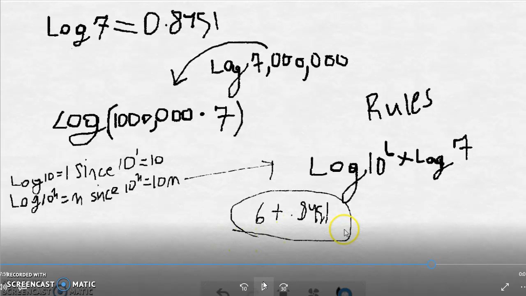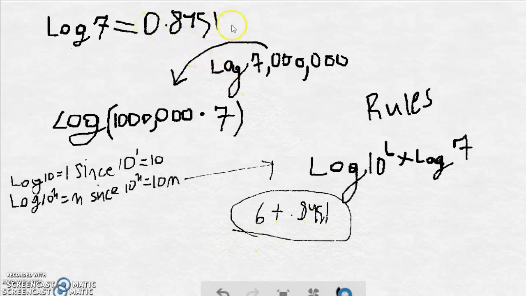Okay, so we're going to be using the second rule that is presented, and that gives us that equation that we're going to solve. And if you just add the 6 and the 0.8451, you're going to get the answer. Remember, the 0.8451 is because the 7 was given. And that is going to give us this little beauty as our answer.